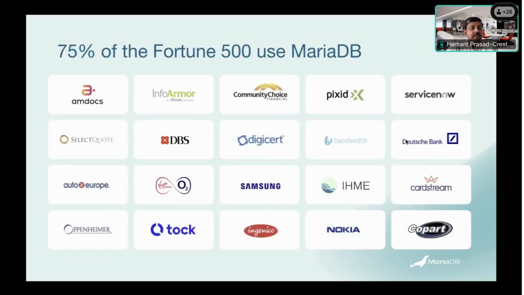And as I mentioned earlier, 75% of the Fortune 500 companies use MariaDB for different use cases, whether it's OLTP, OLAP, or even the vector DB, which we're going to talk about next. If you are from any of these domains, if you are a bank, you can see DBS, one of the largest banks in Southeast Asia, in Singapore, which made a bold move, moving from Oracle to MariaDB, 4,000 plus databases, if I'm not wrong, Kanti?